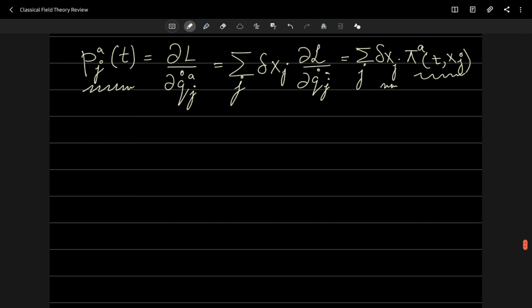Right, now what we can do from here is quickly look at a simple example.